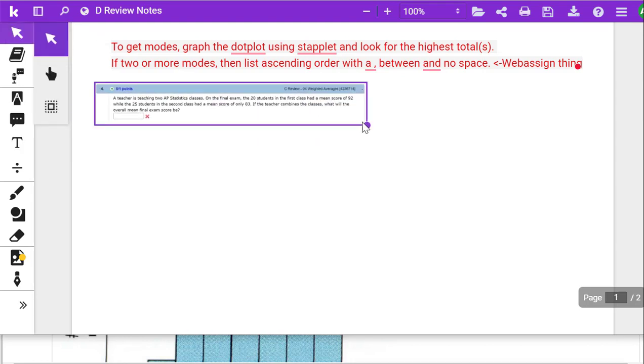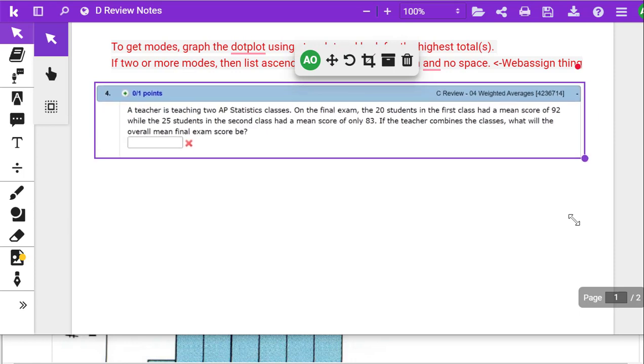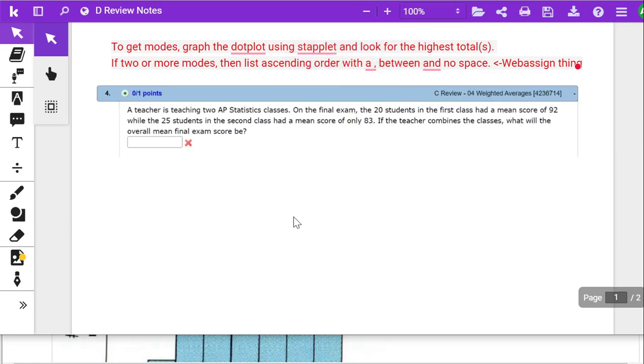So here's the problem. Remember, you may have different numbers on this. On the reviews, I'm not too worried about it, but on a test, you will have different numbers, and I have ways of making this work. So here's how we do a weighted average.